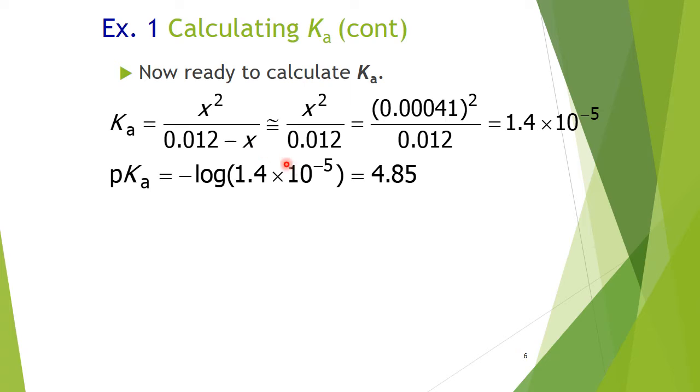You can see that this value here is 100 times or more less than this. It's about 1,000 times. So we can ignore X here, but not up here because it's not subtracted from anything. So you have X squared equals 0.012 times this, and you solve it, and you get Ka equals 1.4 times 10 to the minus fifth. And the pKa is the minus log.